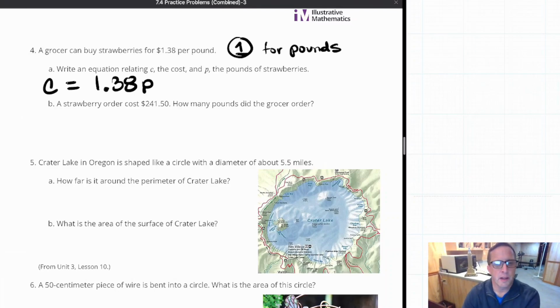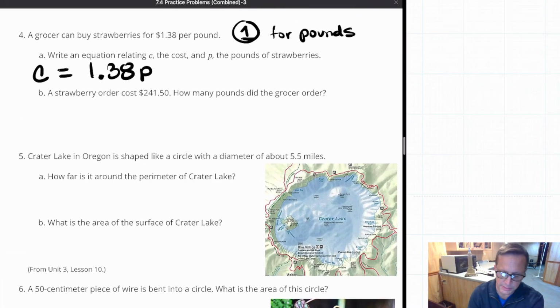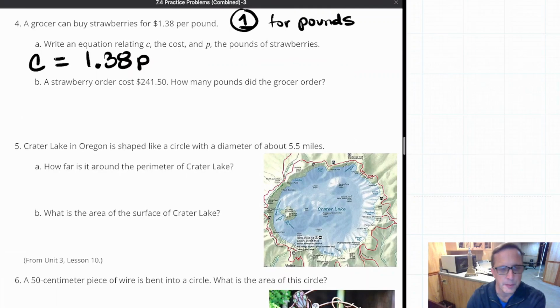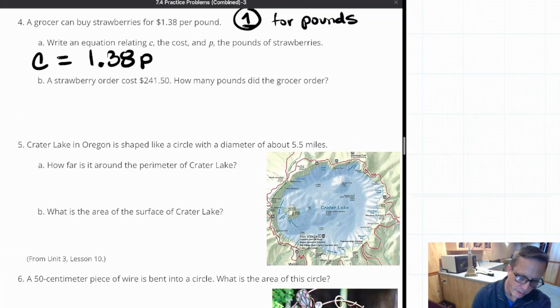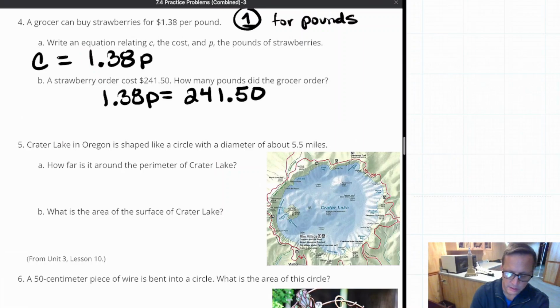All right, so a strawberry order costs $241.50. That's a mighty big strawberry order. It's probably from a restaurant or something. So how many pounds did the grocer order? Okay, so I'm going to set this up into the equation we just got. So I'm going to do 1.38P equals the cost, $241.50.